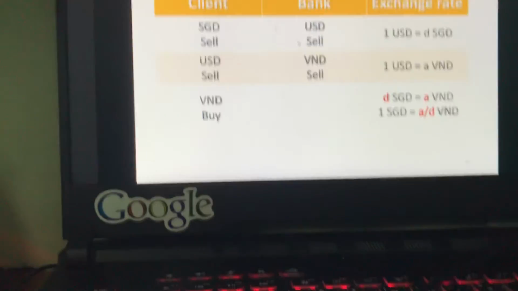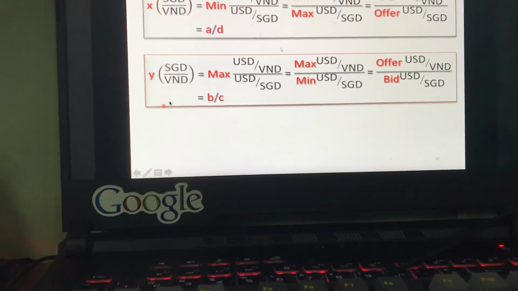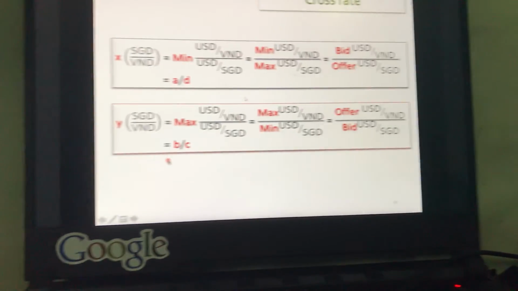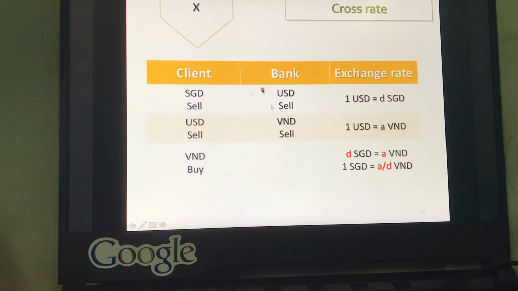In order to understand why we come to the previous approach, X equal to A divided by D and Y equal to B divided by C, we use the table method to obtain the logic behind that. For the table method, first we compute X. Remember that X is the bid rate of the Singapore dollar against VND, right?